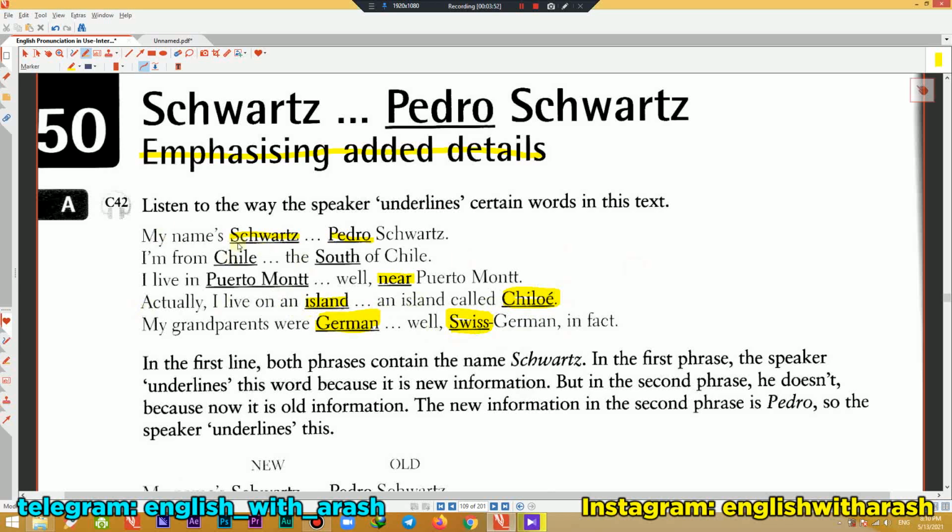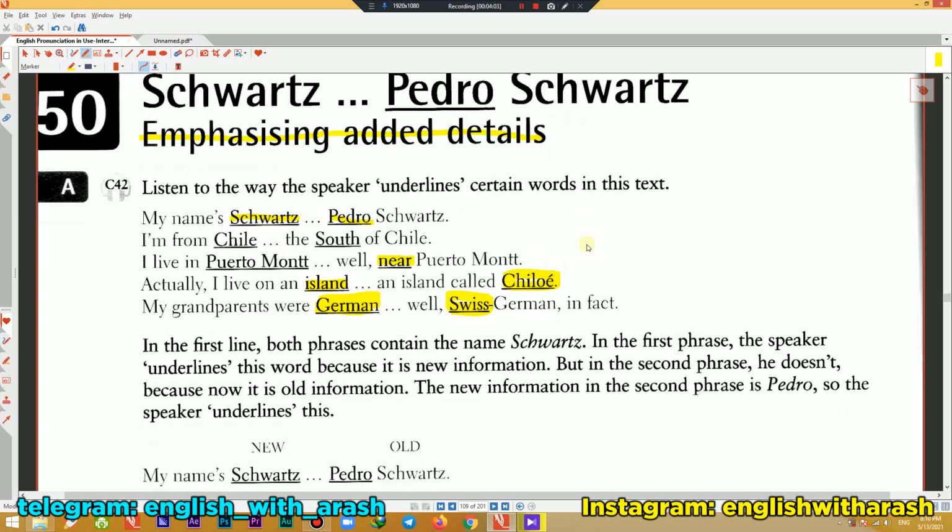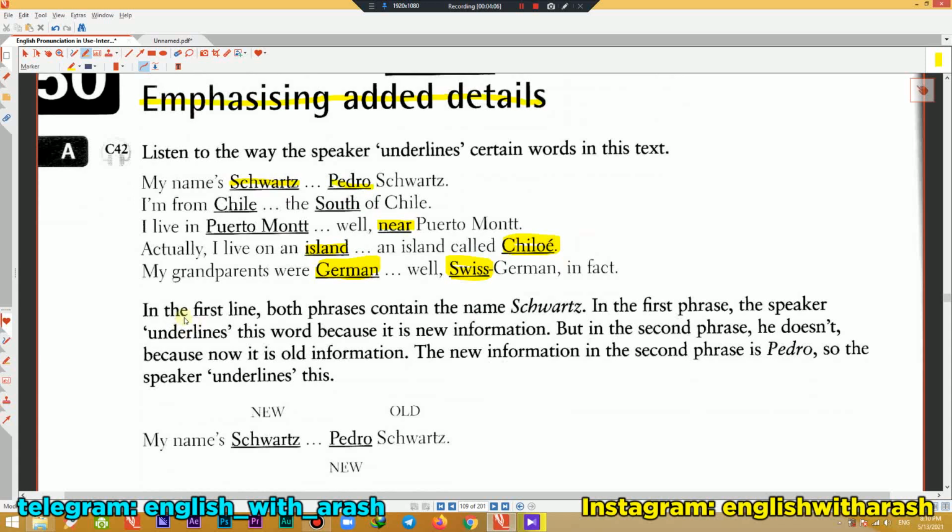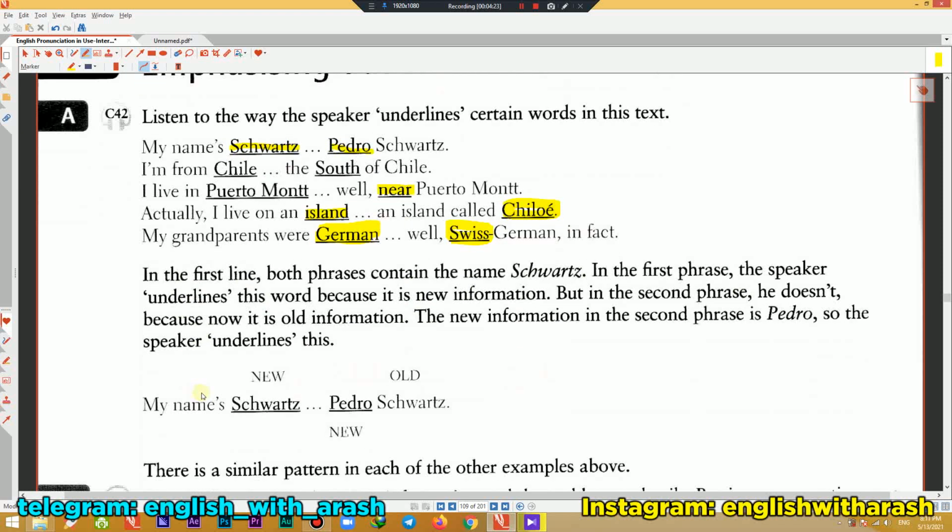Or for example, you say my name is Arash, or you say my name is Rahmati, and then you say my name is Arash Rahmati. Yes, it adds some information and you say it louder to make the listener understand what you just said. So in the first line, both phrases contain the name Spas. In the first phrase, the speaker underlines this word because it is new information, but in the second phrase he doesn't, because now it is old information. The new information in the second phrase is Pedro, so the speaker underlines that.